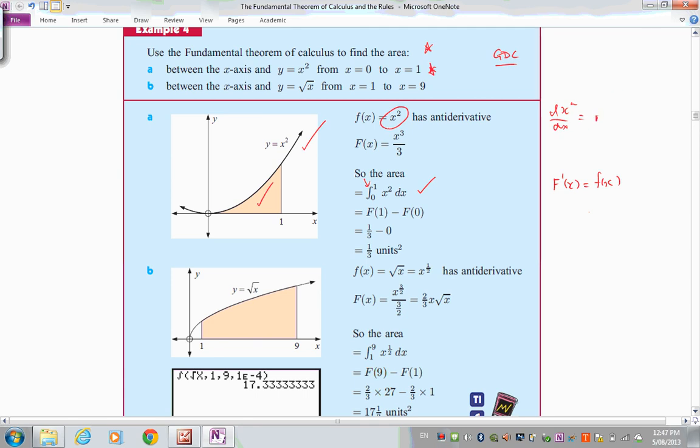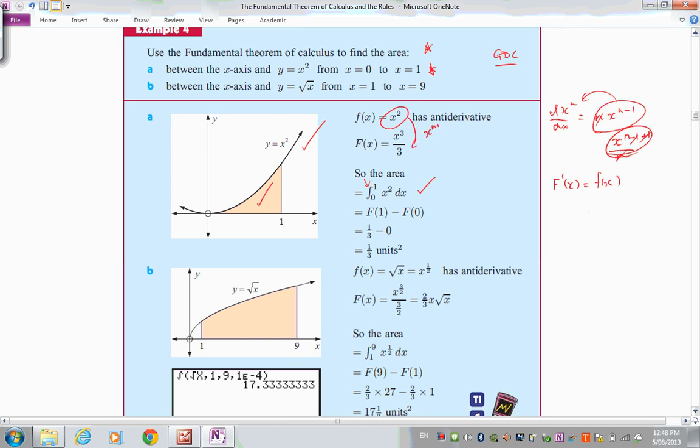So if you want to go back and create the function from a power, what will you do? You'll increase the power by 1, so there'd be x to the n plus 1, and divide by the new power. So this would cancel there, and give you x to the n back again.